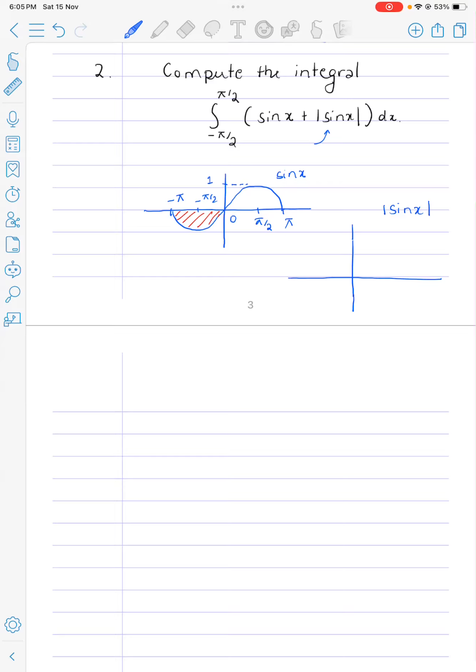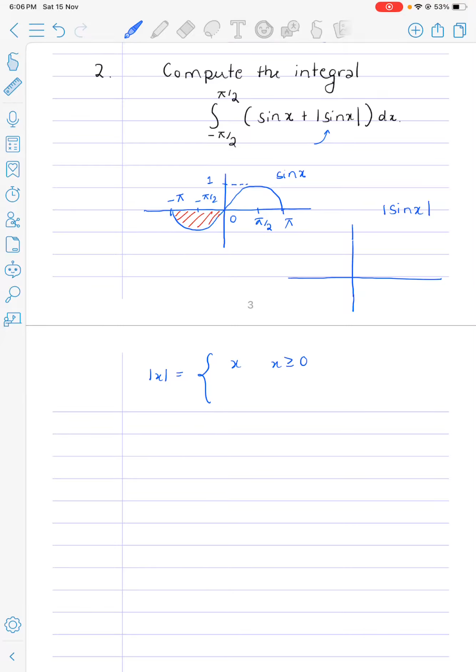So what does mod do? It will make the negative thing positive. In fact, I will write the definition just to recall that. It will be x if x is greater than or equal to 0, so it will leave it unchanged.